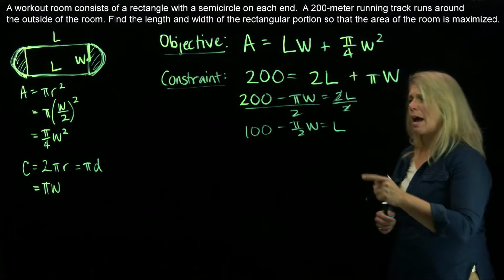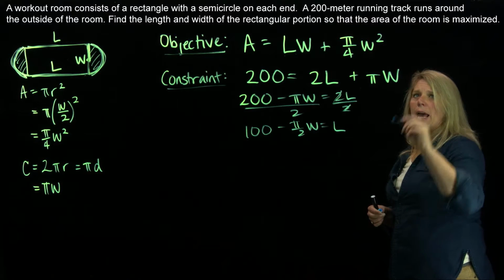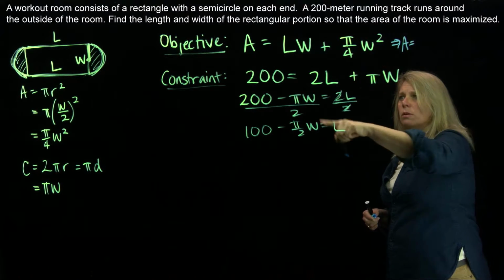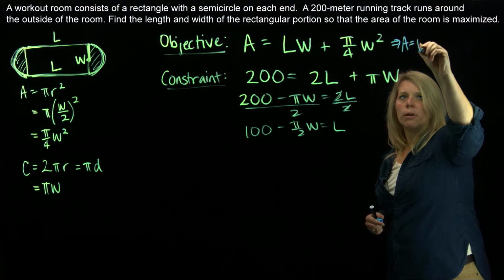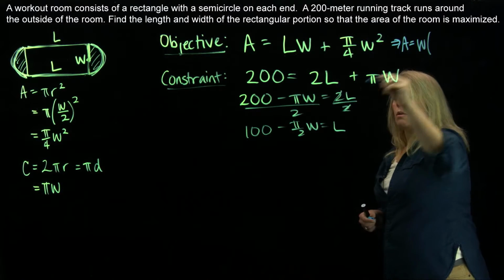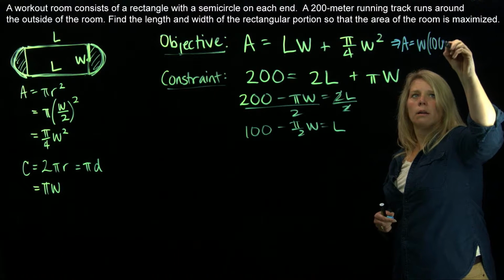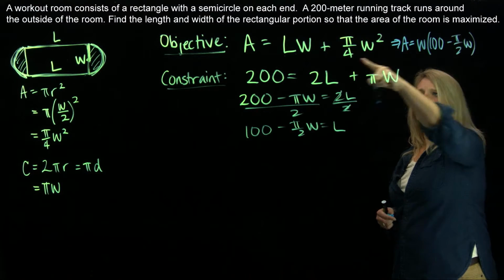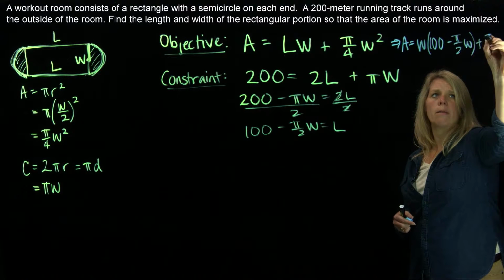Okay, so when I do that, substituting in for my L here, my objective function will be A equals all of this times W. I'll put the W out front. 100 minus pi over 2 W plus the pi over 4 W squared.